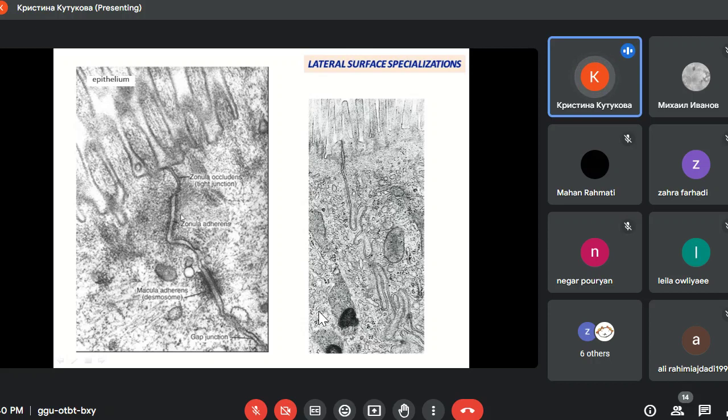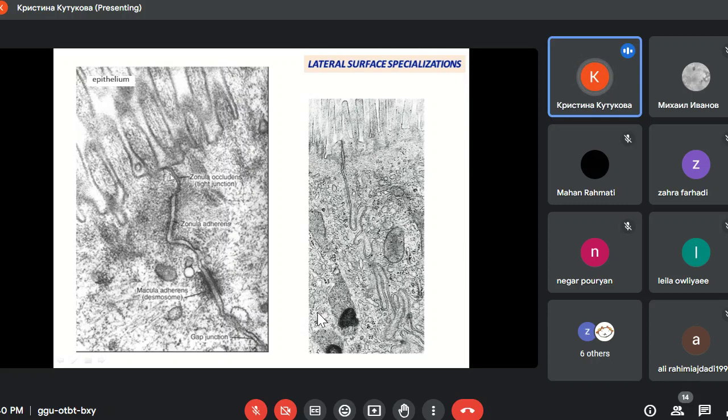Next will go the zonula adherens or belt desmosome. It will be always on the level of the terminal web, because the terminal web consists mainly of microfilaments, and these microfilaments are the parts of this particular junction. Next will go macular adherens or desmosome. And here you can see also gap junction.